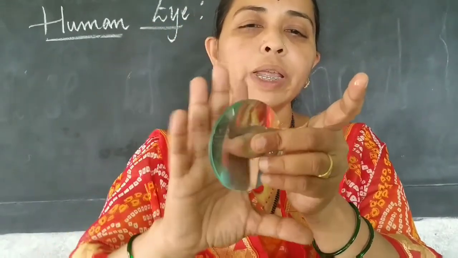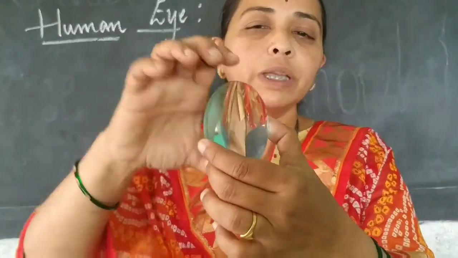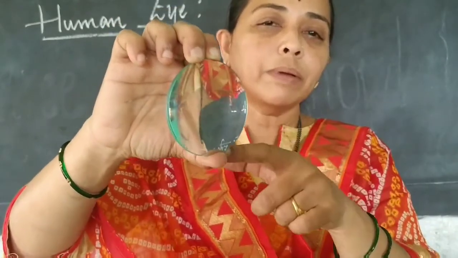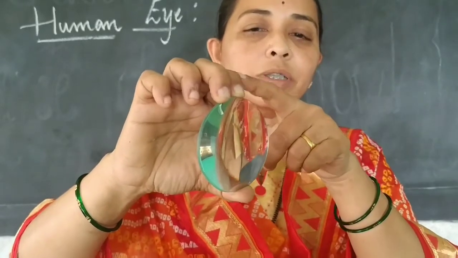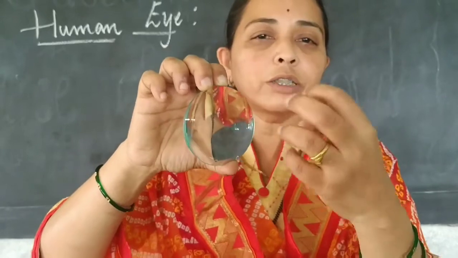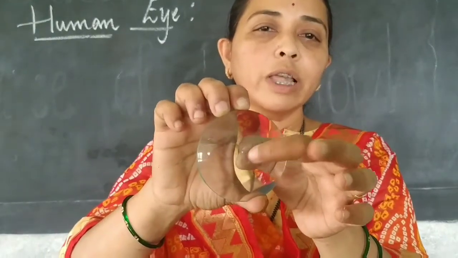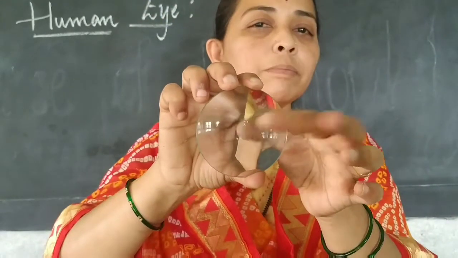To make it flat or bulgy, it is held or supported by fibers and muscle. That muscle we call the ciliary muscle. Whenever you want to see a close, nearby thing, your lens muscles get pressed and the lens becomes bulgy.